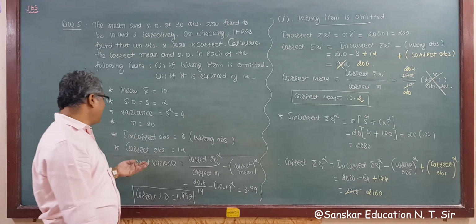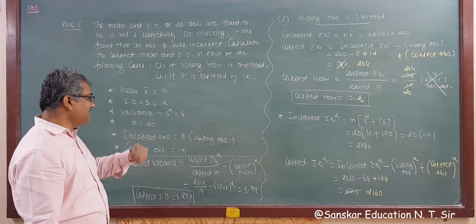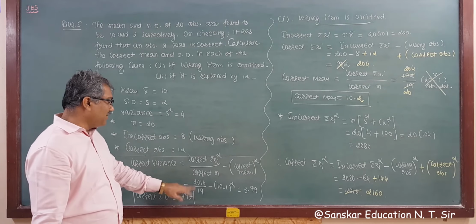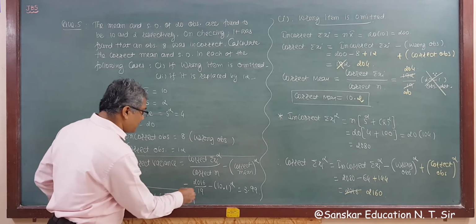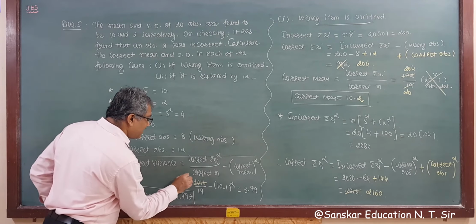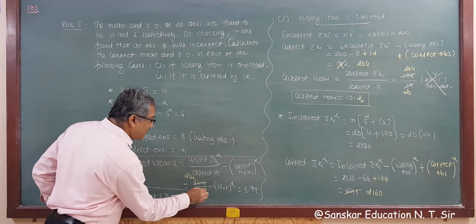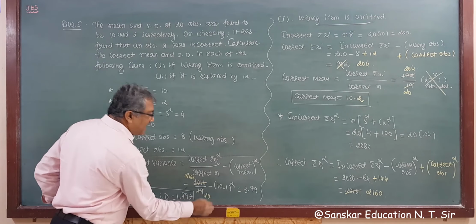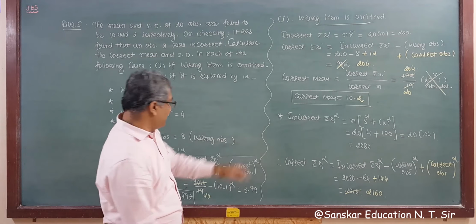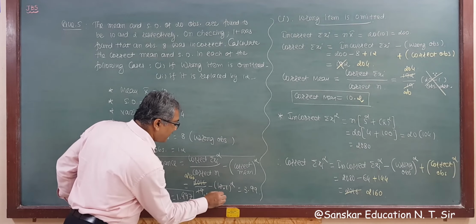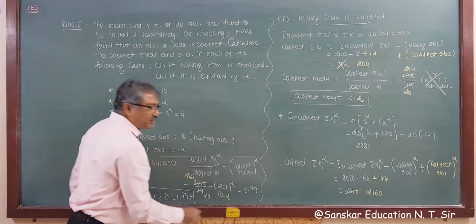So now correct variance is correct sigma xi square upon correct n, that is 2160 divided by 20, minus correct mean squared, where correct mean is 10.2.